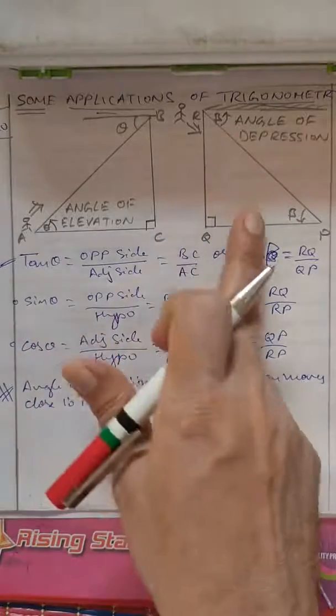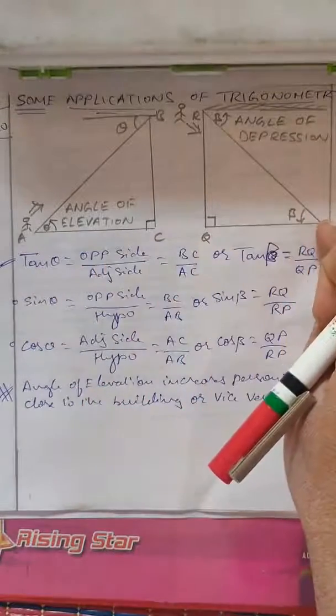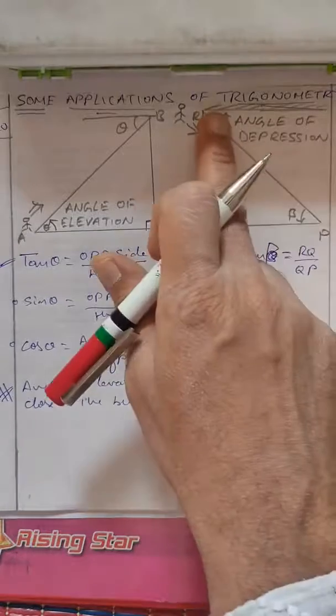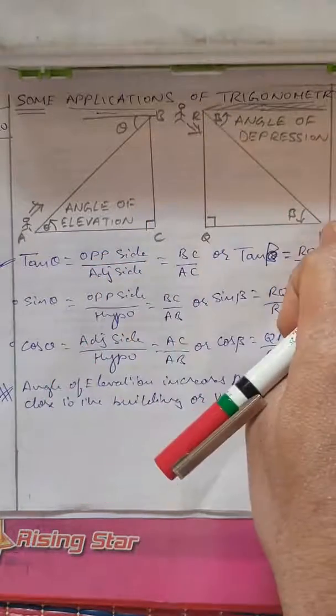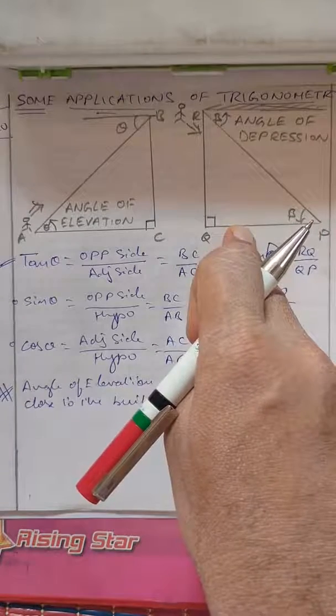Next important note is about the angle of depression. When the person is moving close to the tower, and we are standing on the tower, what is happening? This angle goes on decreasing.